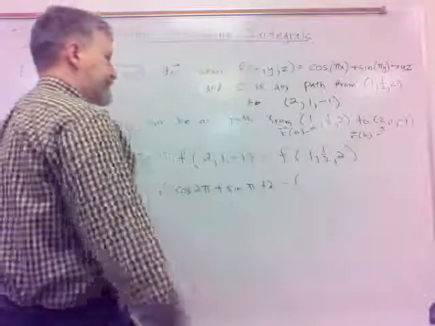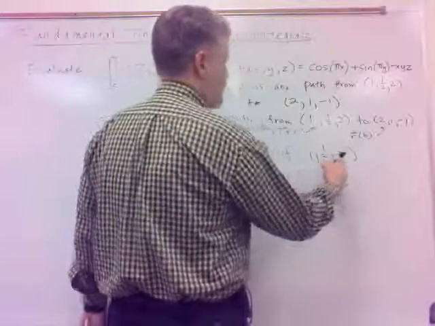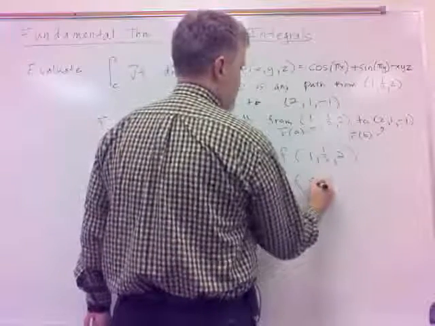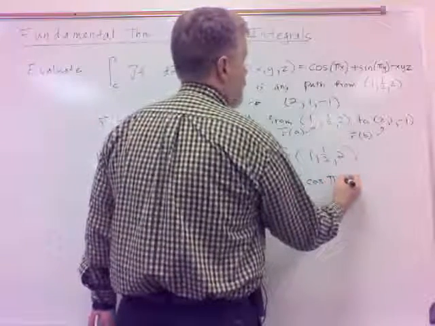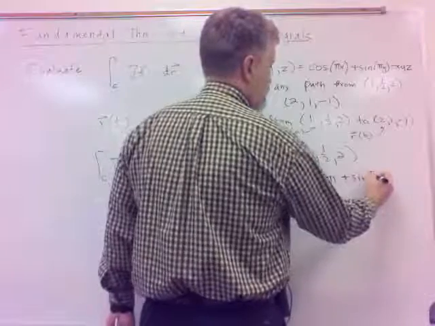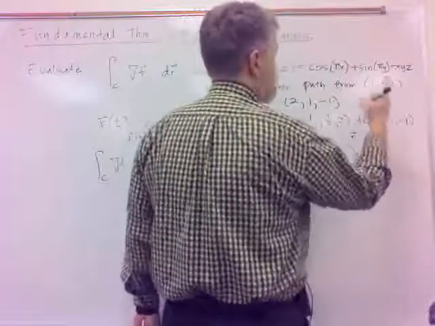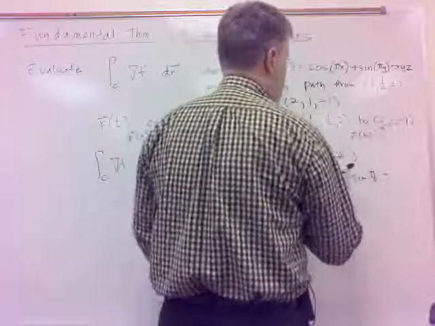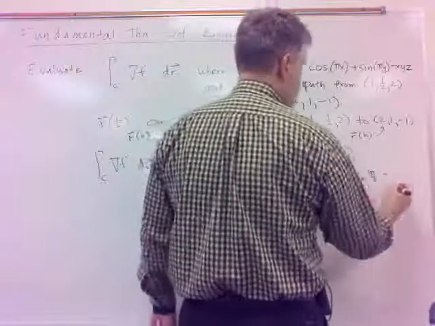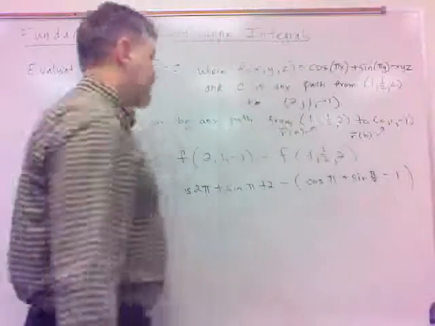Minus f evaluated at (1, 1/2, 2), so that would be cosine of pi plus sine of pi over 2, because the y is a half, and then minus 1 times a half times 2, that would just be 1.